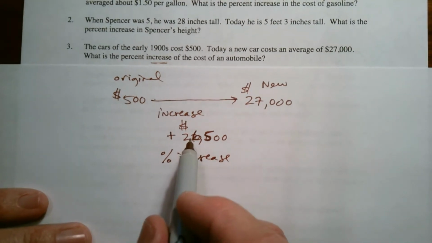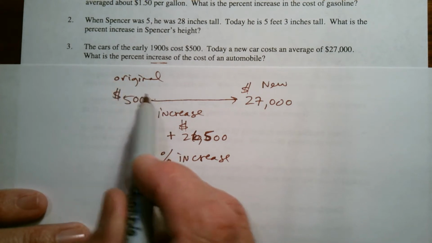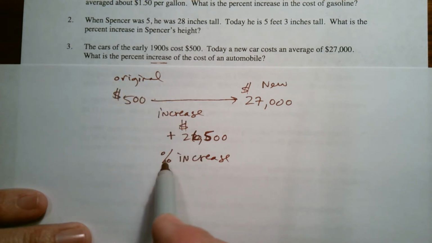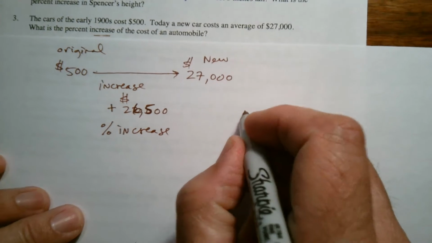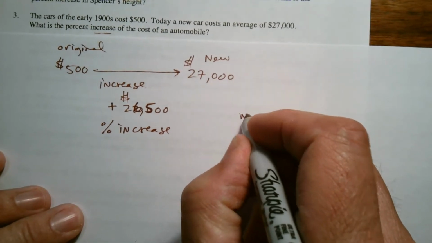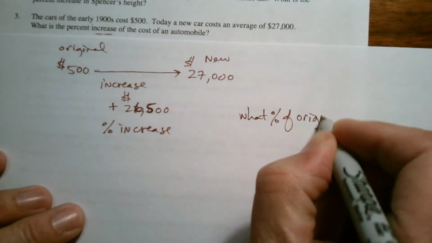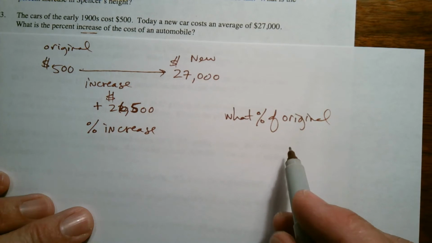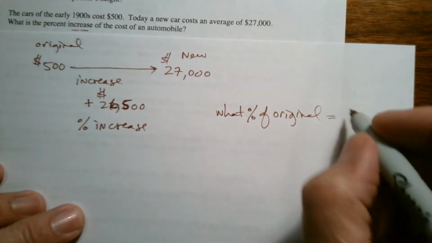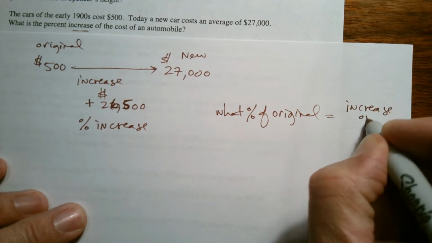What we're asking is what percent of the original is the increase, because I want to know the percent increase. Your standard is always: what percent of the original, in this case the original cost, equals that increase, or sometimes a decrease.